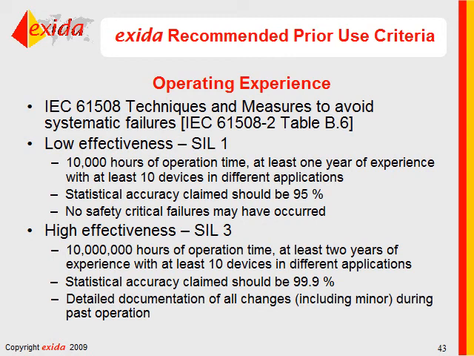That's where I got that number. The 10 million hours comes from the high effectiveness column of Table B6. It also says 2 years experience with at least 10 devices in different applications, and statistical accuracy should be 99.9%. And actually that pretty much leads me to conclude that I need more like 30 million operating hours.